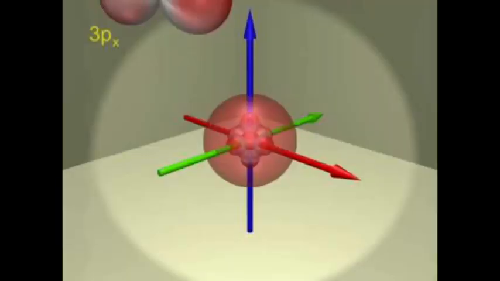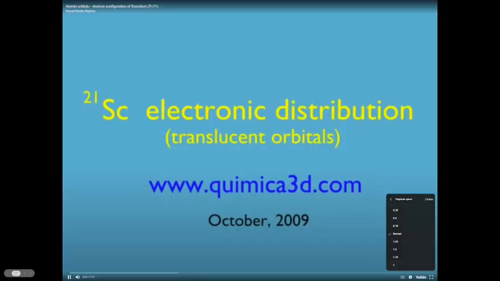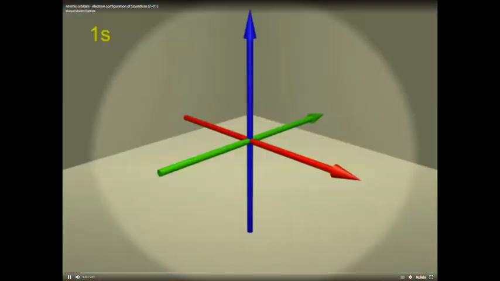Now, the last idea that I want to talk to you about is kind of building the atom and how all of this comes together in the actual electron configuration that we're going to be writing. So this is an example of scandium, and we're going to build scandium up from the basic level. And so you see here, this is the 1s orbital.